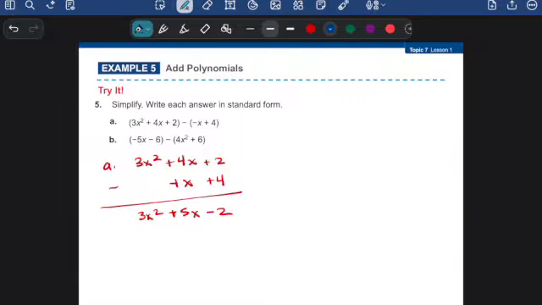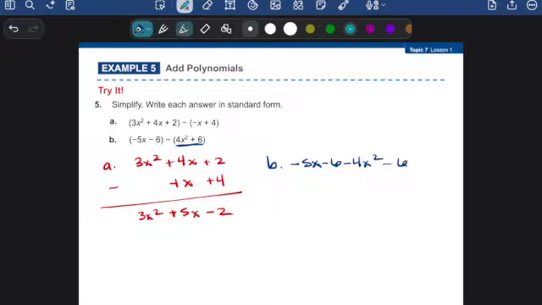Okay, part B, I'm going to do it horizontally and we're going to look at like terms. So first I'm just going to rewrite it and change the sign. This is the way that I prefer. So I know that negative sign means do the opposite of everything in the parentheses. So I'm going to rewrite it. Instead of positive 4x squared, it is negative 4x squared. Instead of positive 6, it's going to be negative 6. And now I can combine like terms.